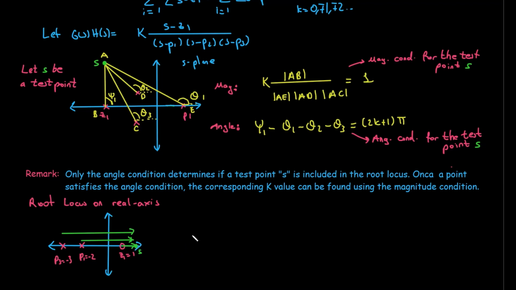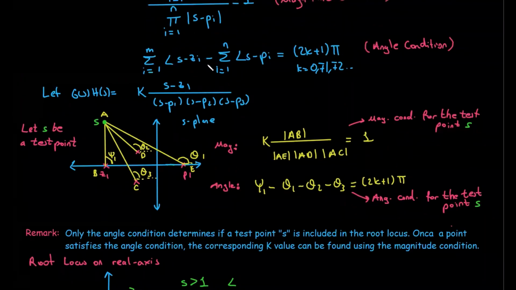So let me apply. When my test point S is greater than 1, I would like to write down the angle condition. Since this is the zero, what I'm writing down is this equation for this example. I will sum up the angle of zeros and subtract the angle of poles.